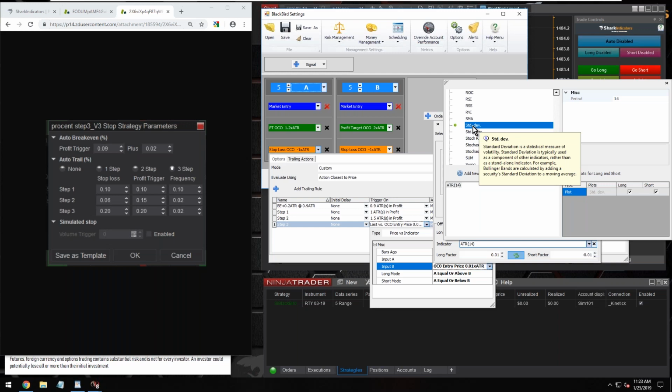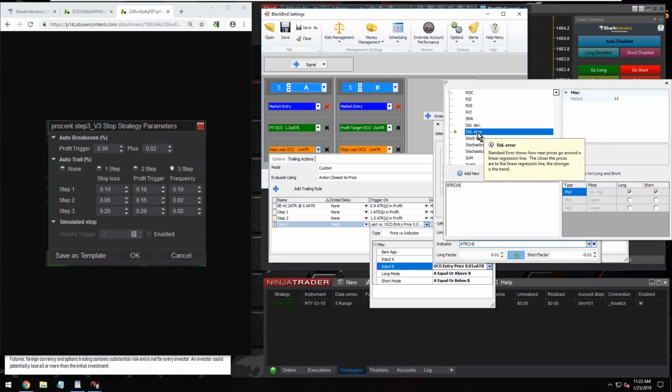So when the Bollinger is calculating its band prices, it takes the midpoint and adds the standard deviation, which is that distance, and that is how the prices of the bands are calculated. I think it's the same for the standard error, it calculates a distance.